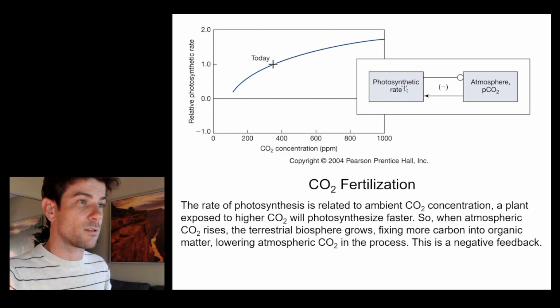Causing photosynthetic rate to slow down, allowing atmospheric CO2 to increase, causing photosynthetic rate to increase, sucking up atmospheric CO2, causing it to go down. So you're just going up and down on this little arc right here, right? It's a negative feedback.